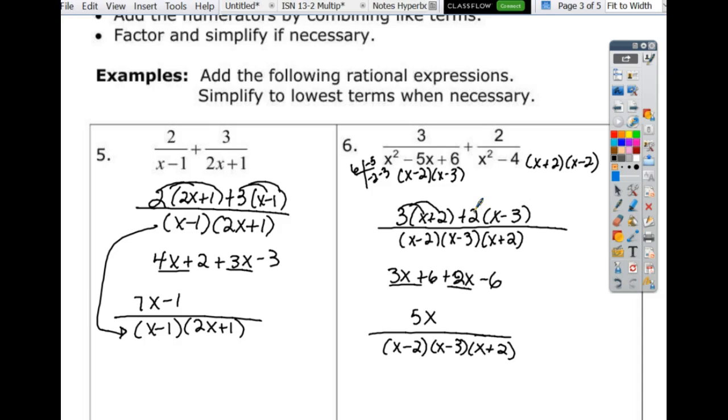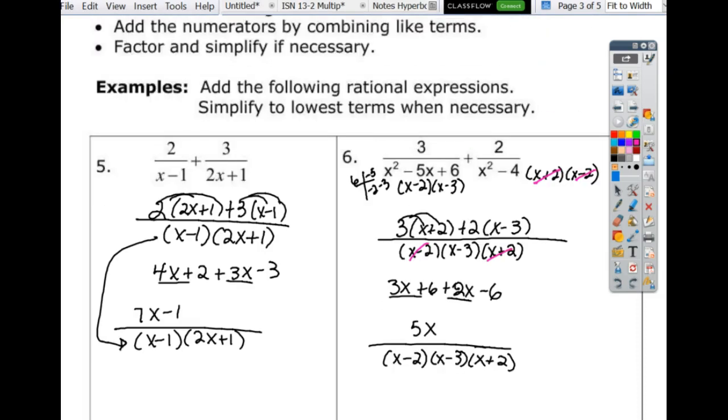So underneath the 2 to start with, I have x plus 2 and x minus 2. So what's left? x minus 3. You see? Okay. Let's try another one.